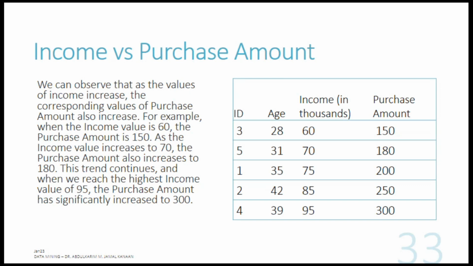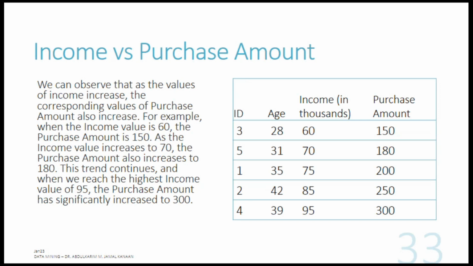Is it positive or negative? Positive or negative? Positive, right? Because in order to determine whether it's positive or negative, you need to see whether the same direction is happening on both columns. An increase on column 1 is also followed by an increase on column 2.